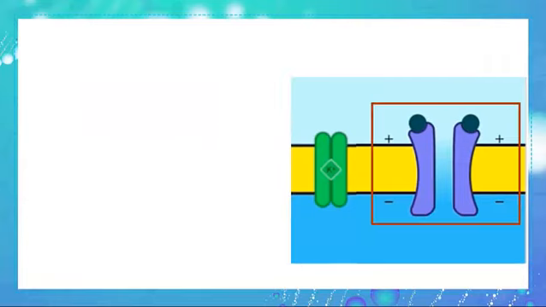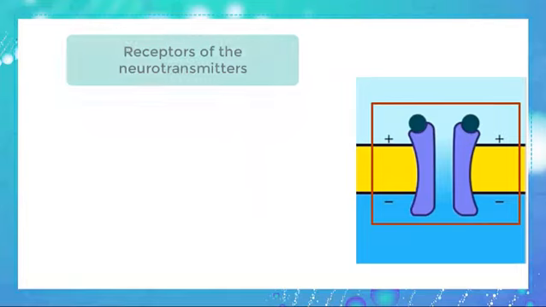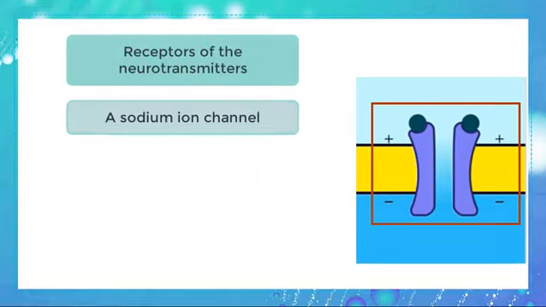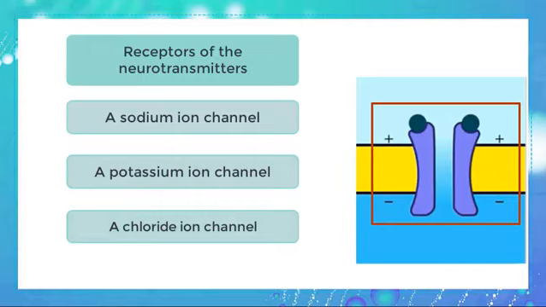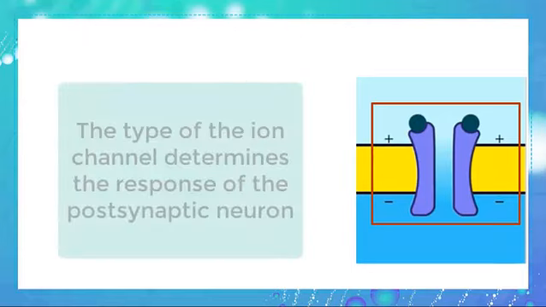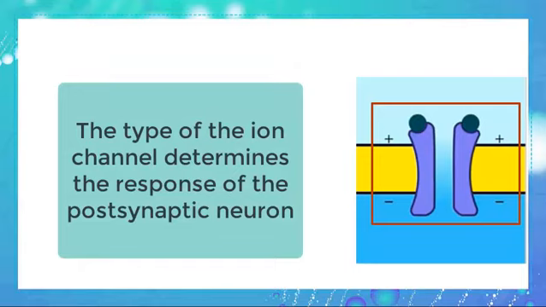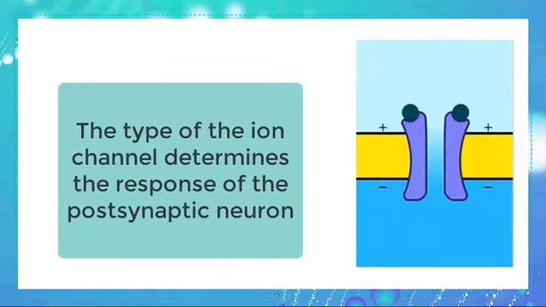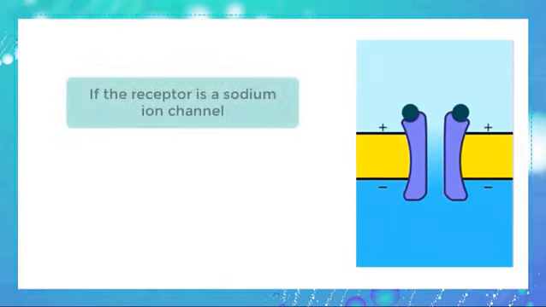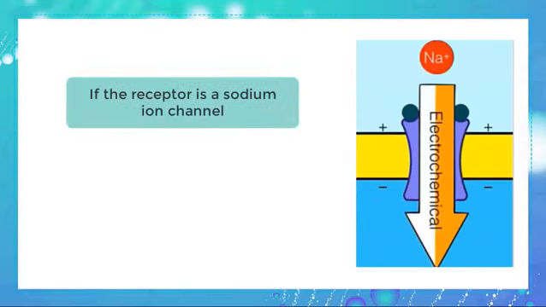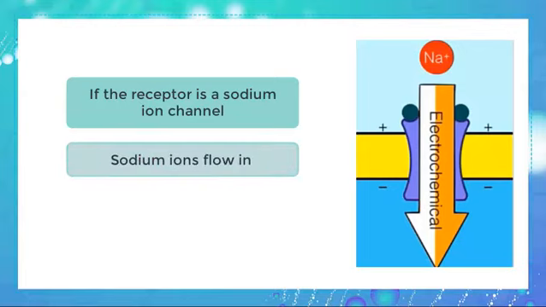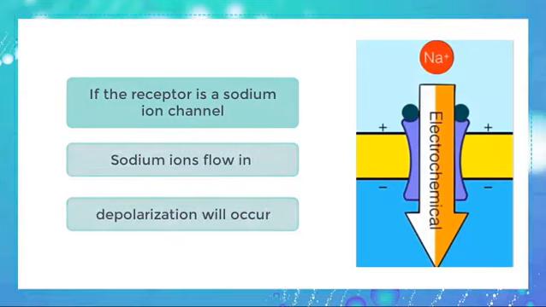In a synapse, the receptor of a certain neurotransmitter could be a sodium, potassium, or chloride ion channel. And what ion channel the receptor is determines the response of the postsynaptic neuron. If the receptor of a neurotransmitter is a sodium ion channel, the opening of this channel upon the fixation of the neurotransmitter will cause a sodium ion inflow and thus depolarization will occur.